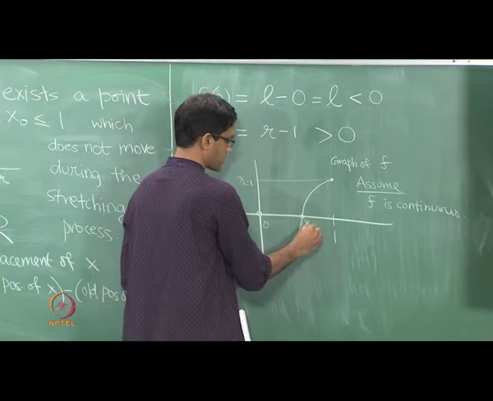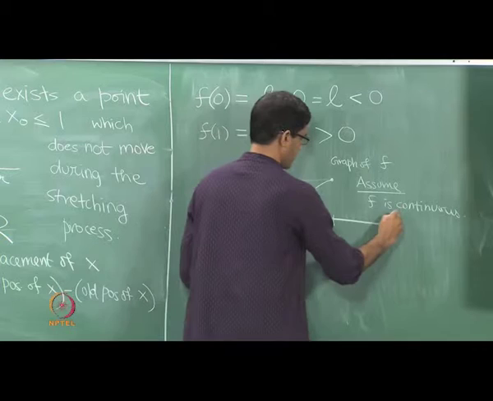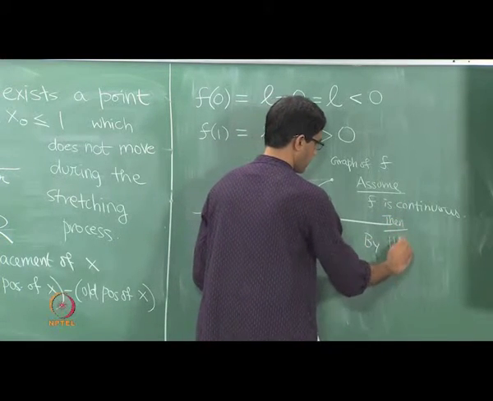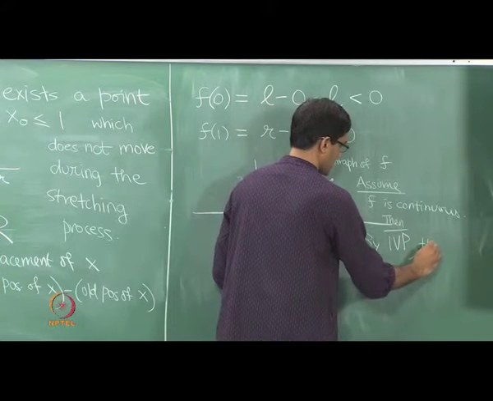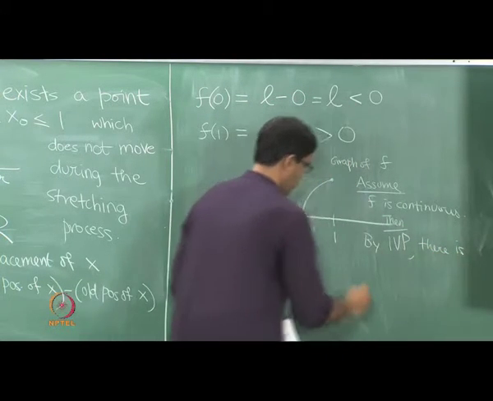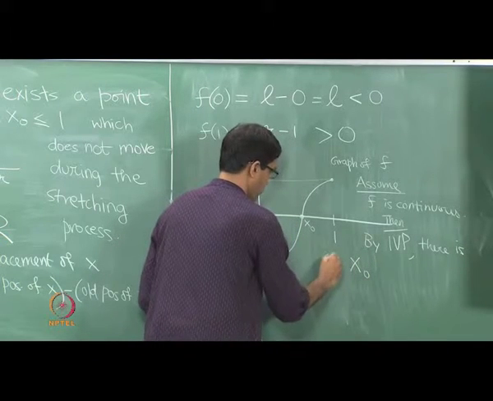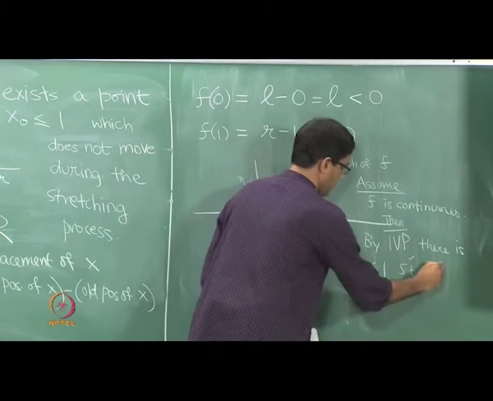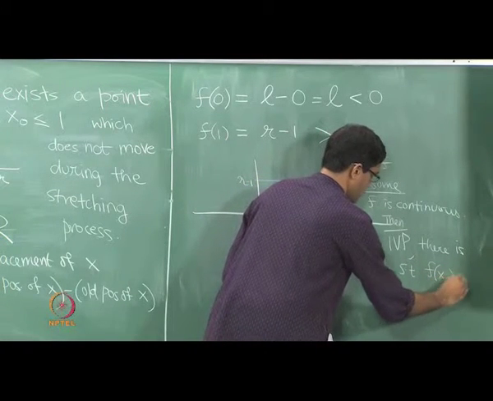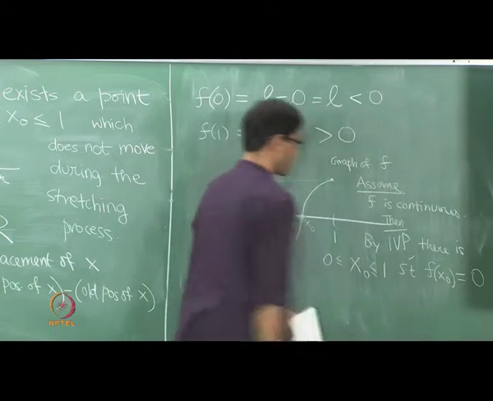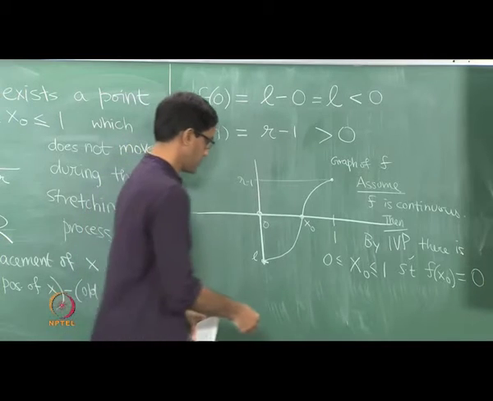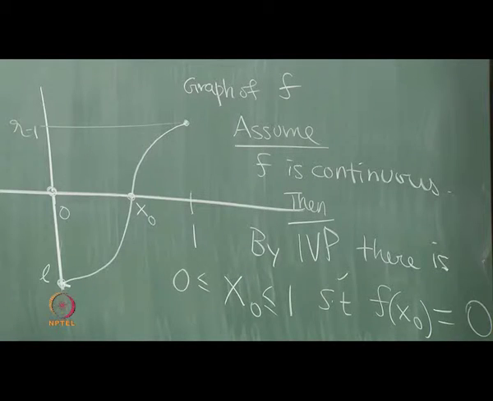So since f is continuous, by the intermediate value property there exists a value x naught between 0 and 1 such that the value of f at x naught is 0. So 0 is the value c that we are now choosing, a value between the two endpoints. So there is a point at which f takes the value 0.